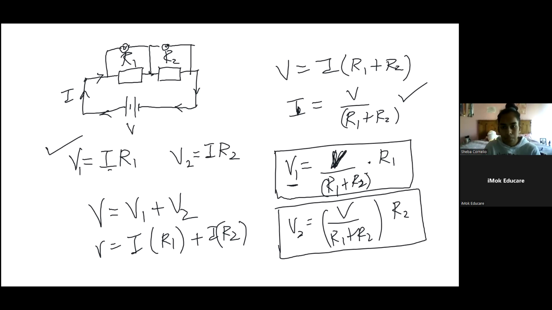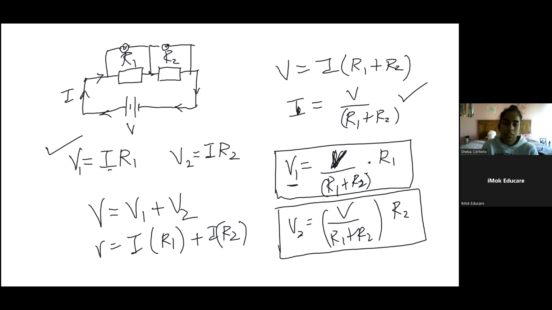Yes, sir. Okay. So we can say that both V1 and V2 have been divided. So we had total V, suppose, of 10 volts. So 3 volts went to R1, so 7 will go to R2 because R2 is a bigger resistance.